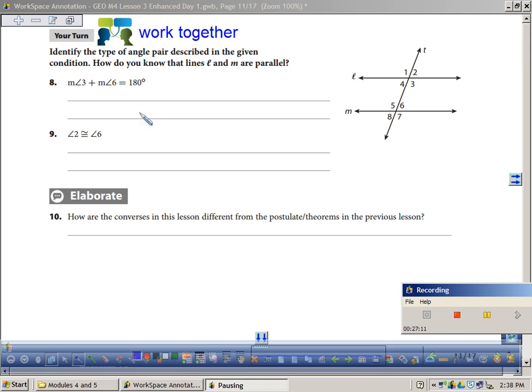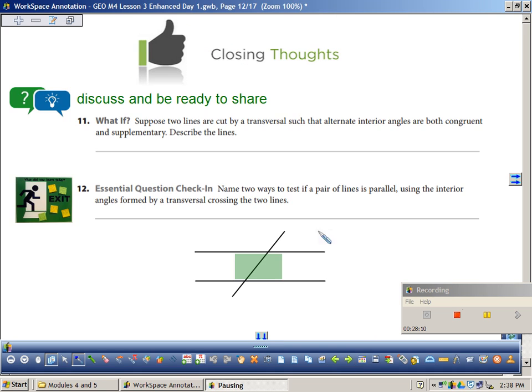Matthew. Perfect. If two lines are cut by transversal and the same side interior are supplementary, then the two lines are parallel. Excellent.